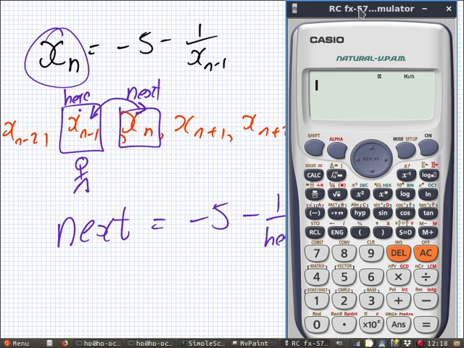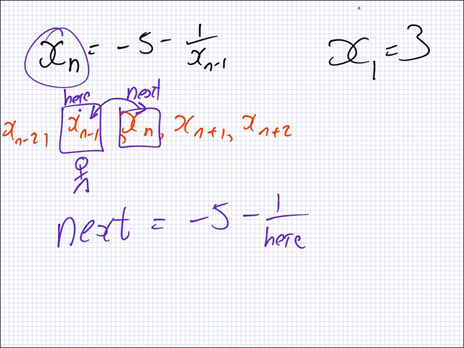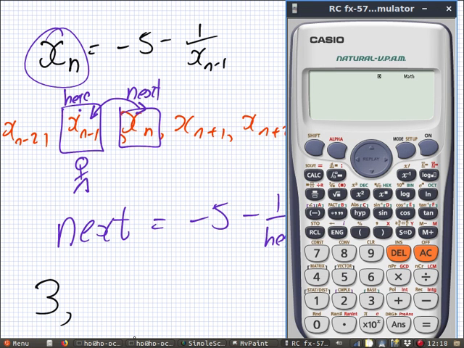You type in the first term, 3, you press equals, and then you press AC to clear it. Have you done that? The reason for doing that is because of this key here, answer. What value is stored in answer? 3. So let's test it.